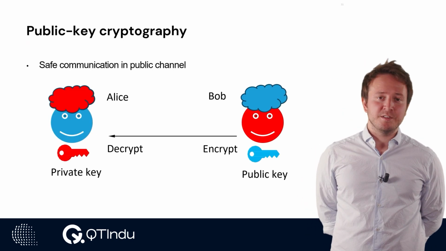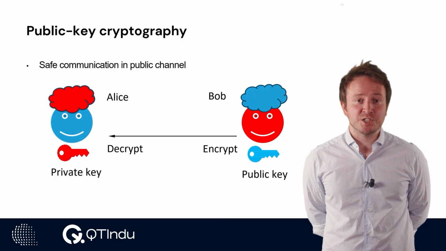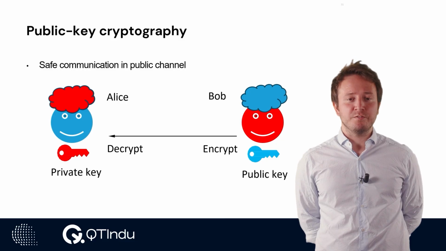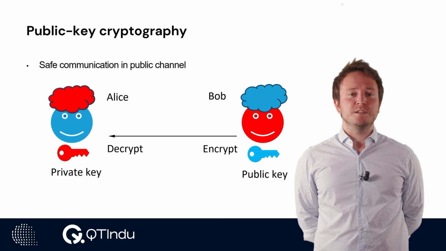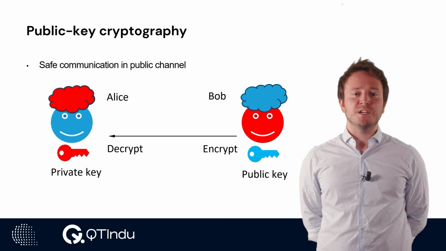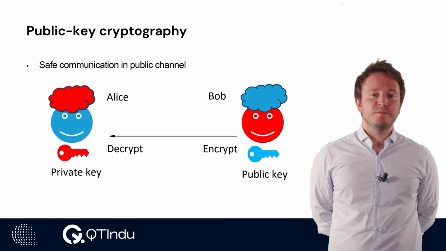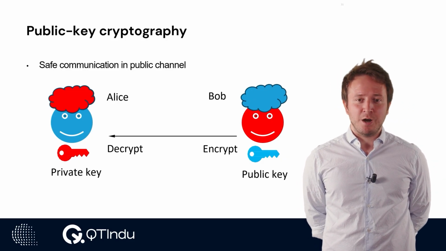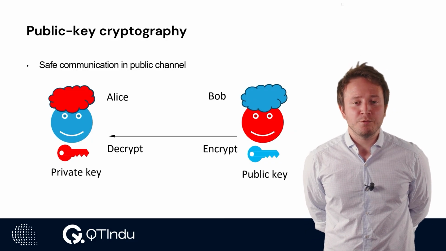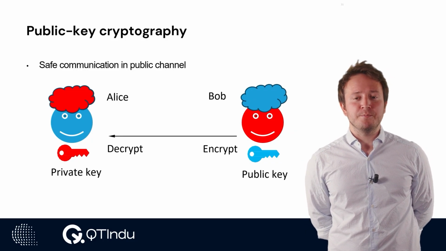So to motivate the importance of factorizing a large number, let us talk a little bit about public key cryptography, which is a way of performing safe communication in public channels. Now suppose that we have our two usual suspects, Alice and Bob, and they want to communicate in a safe way.